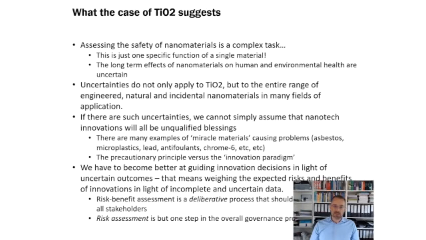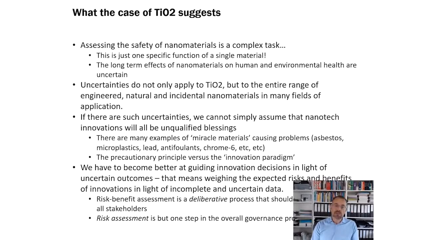Now, if there are such uncertainties, we cannot simply assume that nanotechnology innovations will all be unqualified blessings. There are many examples of miracle materials from the past that have turned out to cause problems, like asbestos, microplastics, lead, antifoulants, pesticides, and so on and so forth.